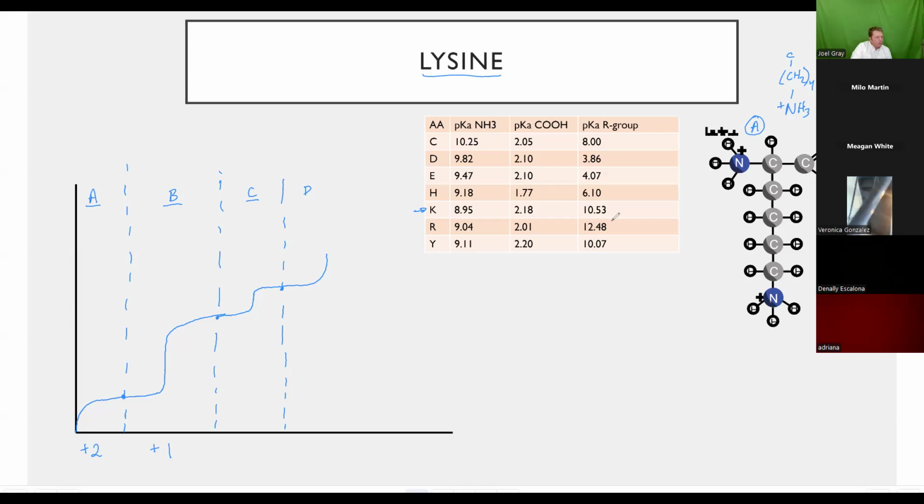Okay, now I'm also going to rank that on my list of pKa values. My next group that's going to be deprotonated, so my next highest pKa value, is my N-termini. My third group is going to be my R group. Now, one of the things that I've heard people run into in the past as a pitfall is they say, oh, okay, so I'm going to deprotonate my C termini, then my N termini, then my R group.